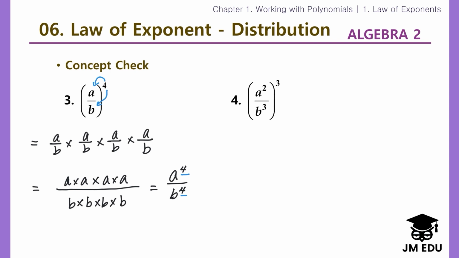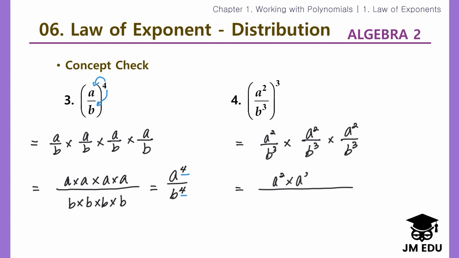Okay, number 4. That's going to be A squared over B cubed times A squared over B cubed times A squared over B cubed. So I'm going to write all of this expression in one fraction. Numerator: A squared times A squared times A squared. Denominator: B cubed times B cubed times B cubed.